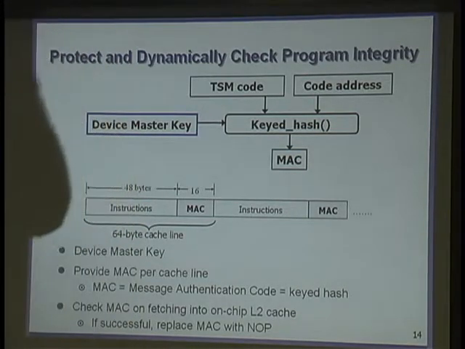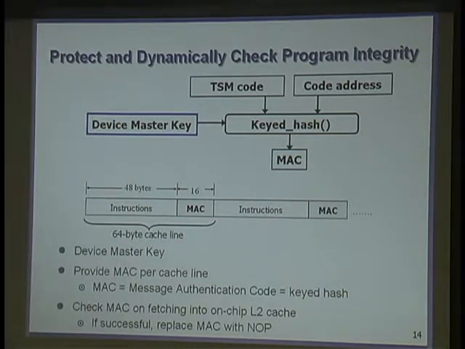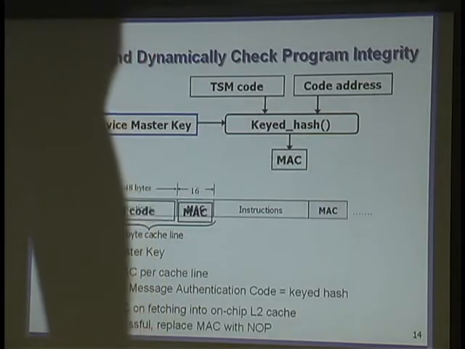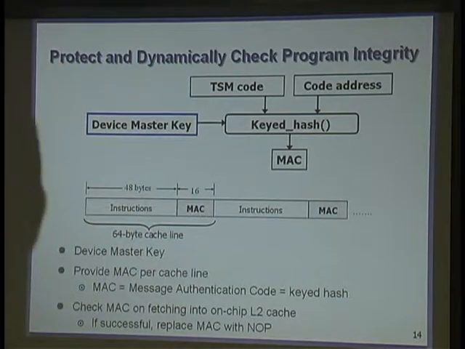So you take the TSM code, you hash every cache line, and the idea is that when you have an instruction cache miss and you bring instructions in for the TSM onto the chip, you're going to check that hash. If the hash does not verify, you cause an exception and you don't ever put bad TSM code on the chip.